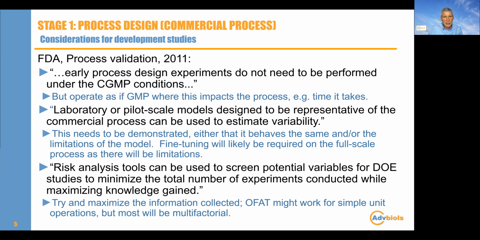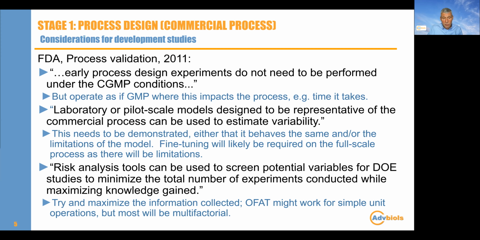But there is a big warning that, of course, those models must be representative of the full-scale process. So any scaling must be representative of that, and that isn't always easy to achieve. Where the model doesn't match reality, obviously you need to understand where it doesn't and factor that in. And you may need to do some limited studies at a bigger scale.